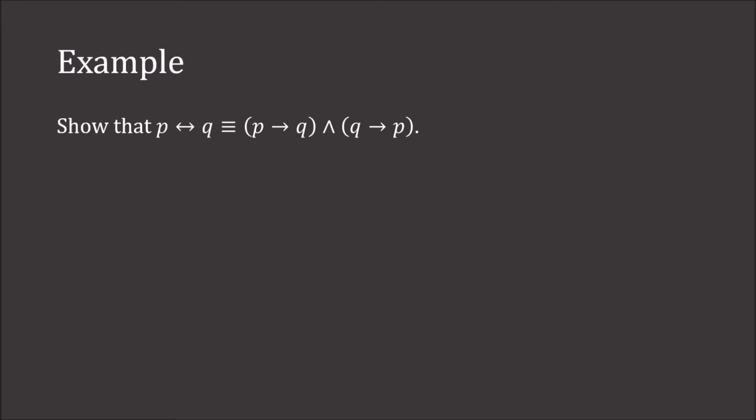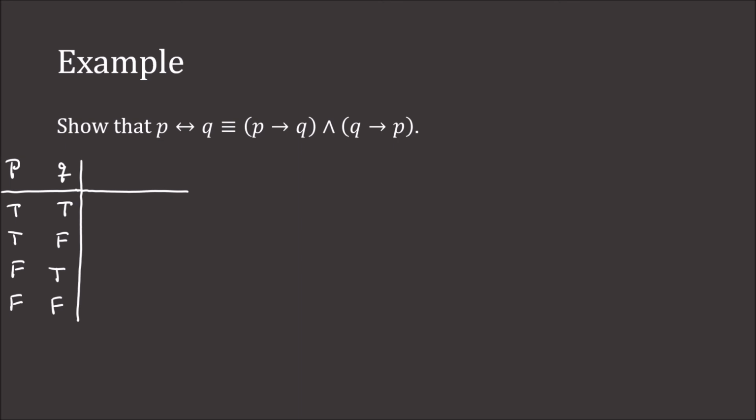So we're going to create a truth table. Again, we only have 2 statement variables, so we only need 4 rows. So we need a column for the biconditional. From the previous slide, we already know what that is.